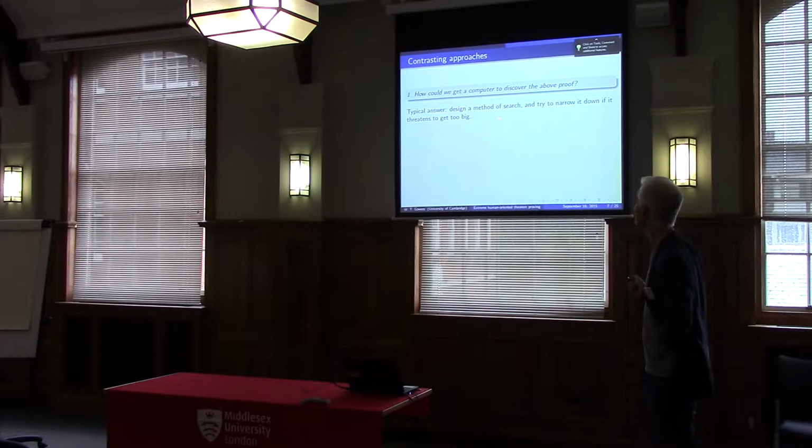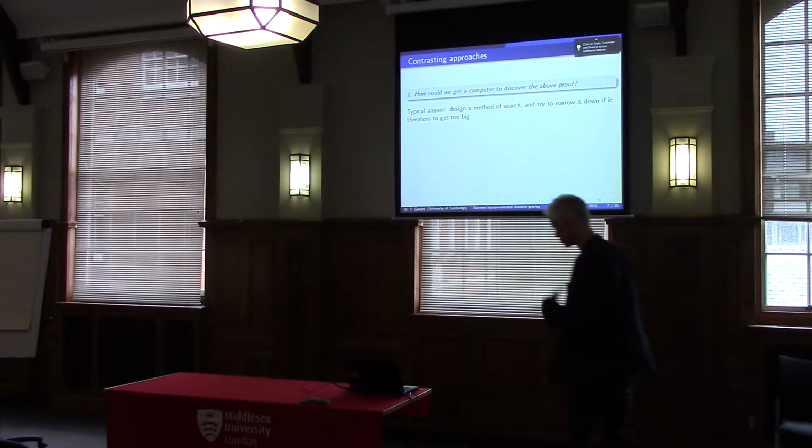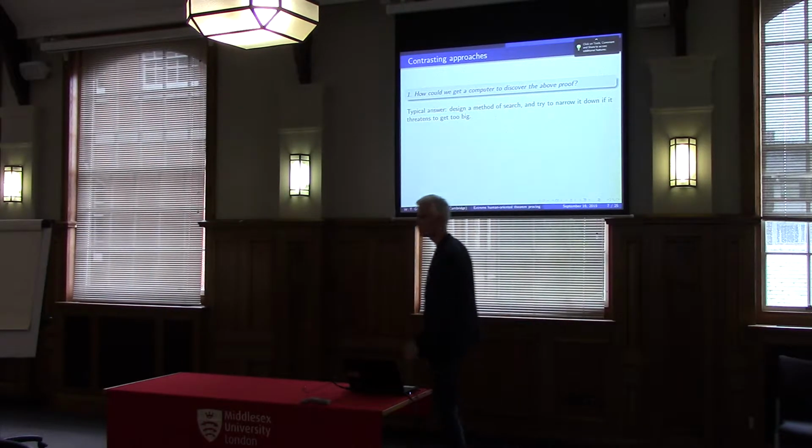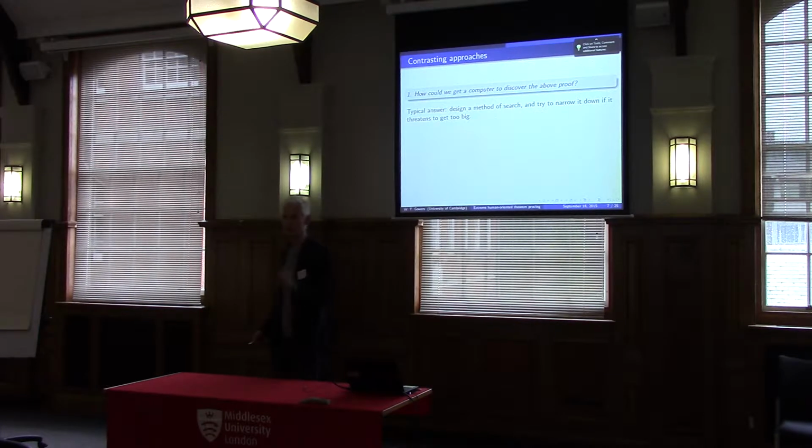So what you could do is just get it to try various things. Given the initial AX equals AY, one thing you could do is invert both sides, or you could multiply both sides on the right by A, and all sorts of other things.